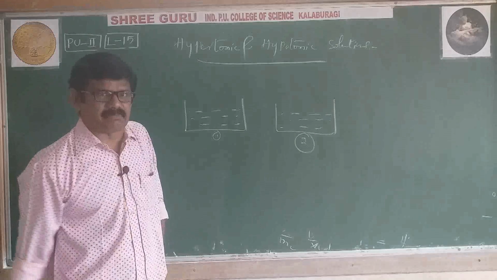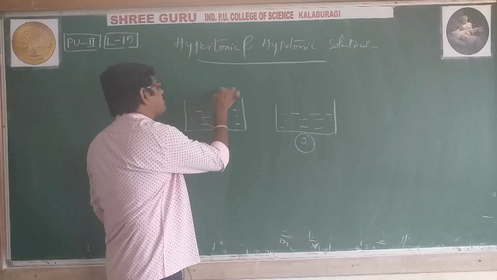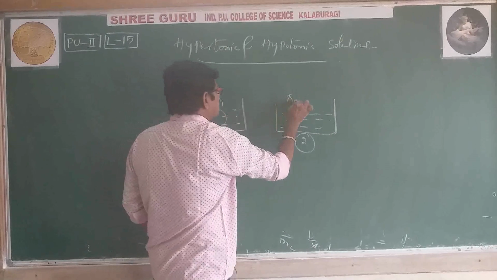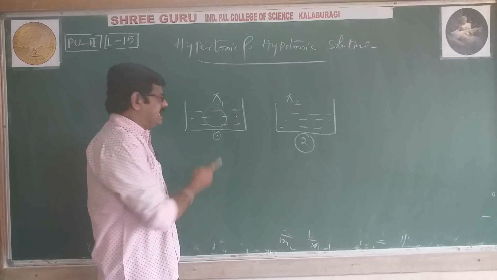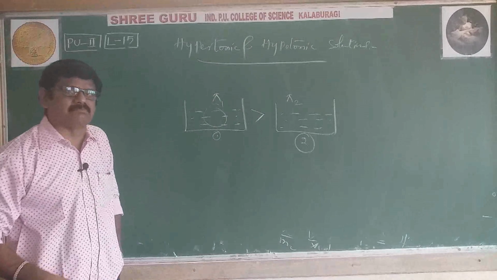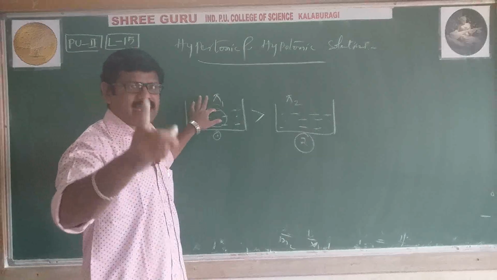That is the hypertonic solution. Suppose sample 1 osmotic pressure is bigger than sample 2, whose osmotic pressure is pi 2. Then sample 1 is called a hypertonic solution.